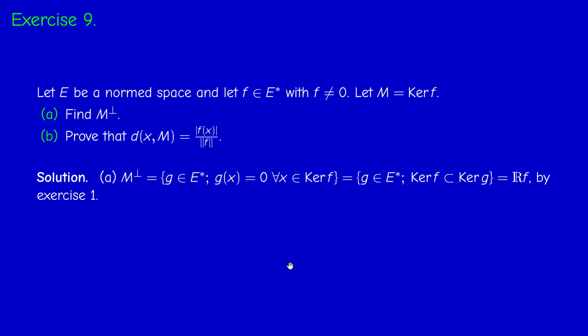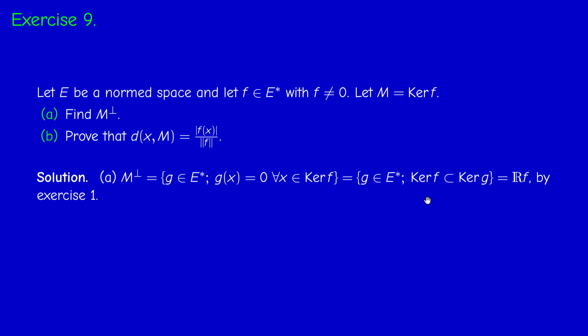So we go back to the definition. The orthogonal of M is the set of elements in the dual that vanish on M, that is, that vanish on the kernel of f, which means that g of x is 0 whenever f of x is 0. So this is the set of elements g whose kernel contains the kernel of f.